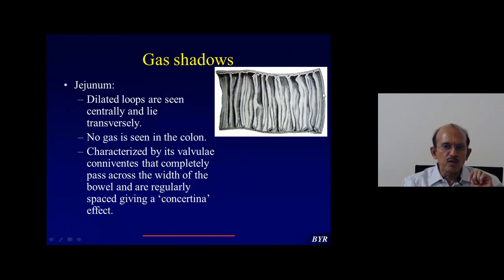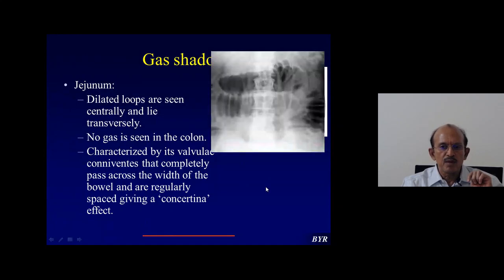This is the jejunal mucosa. You can see here the air shadows or gas shadows of the jejunum. You can see these white lines passing across. These white lines are the mucous folds, and in between the two mucous folds there is gas. So this is the gas.